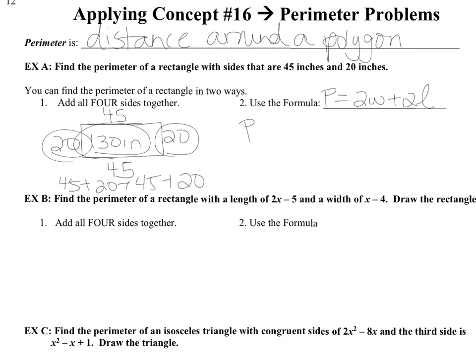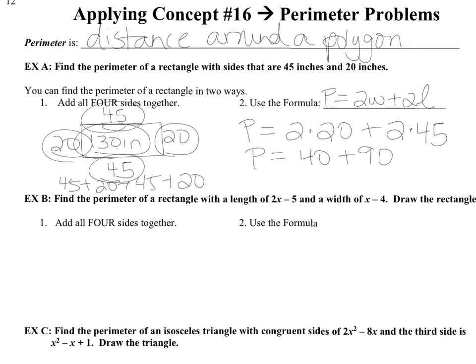So I could say the perimeter I could have just gotten by doing 2 times 20 plus 2 times the length. The length would be 45, right? So 2 times 45. And so then we could multiply first and then add. So I could have said, okay, well, to get the perimeter here, 2 times 20 is 40, and 2 times 45 is 90, and then add 40 and 90 to get 130 inches. So that's 2 ways to do it.